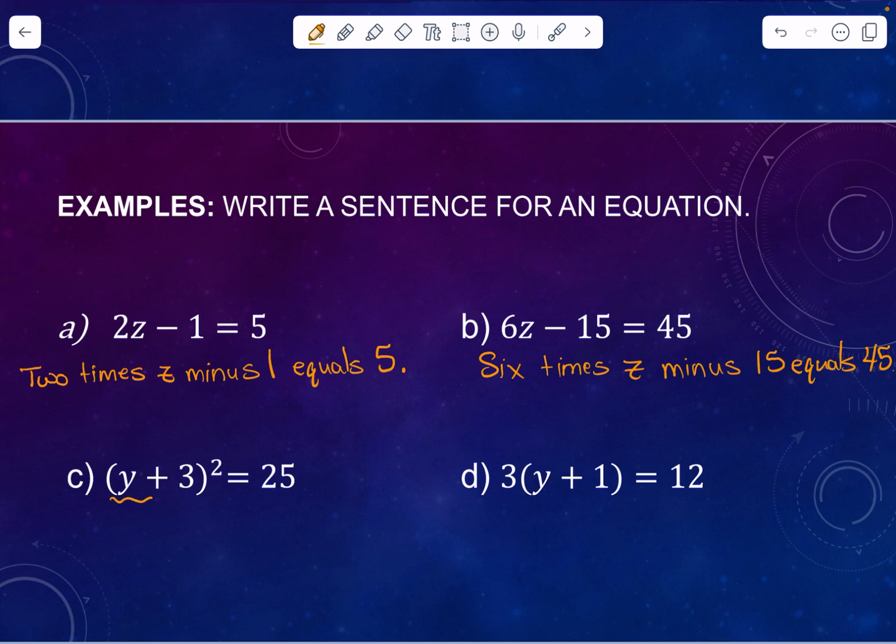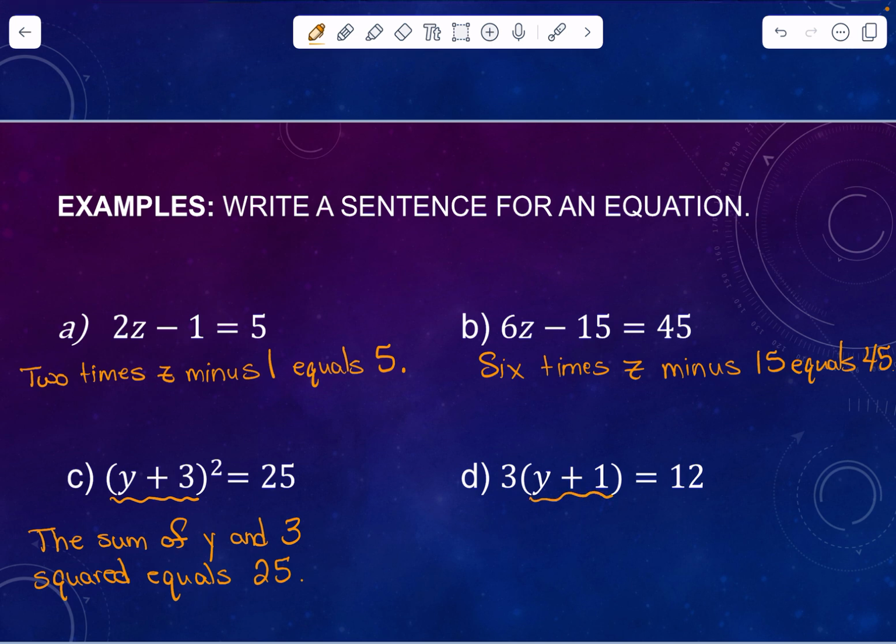Now this time we need to make sure we get the grouping here. So here we might say something like the sum of y and 3 squared equals 25. Okay, let's take a look.